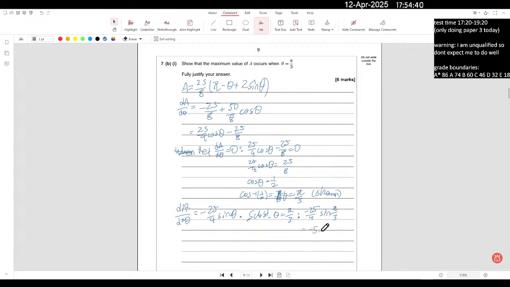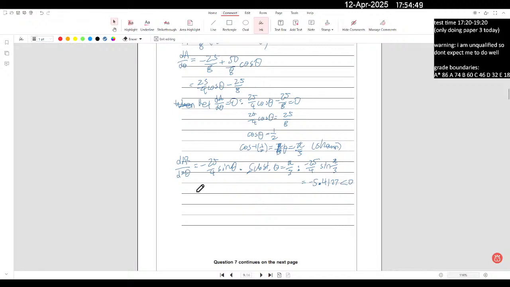Is negative 5.4127, which is less than 0. So by second derivative test, less than 0 means it's a maximum.